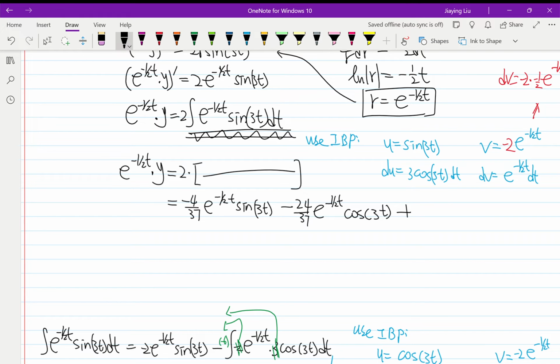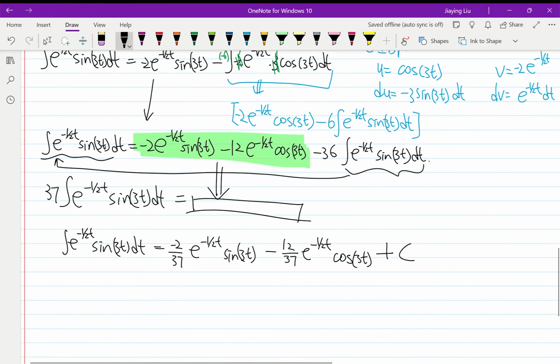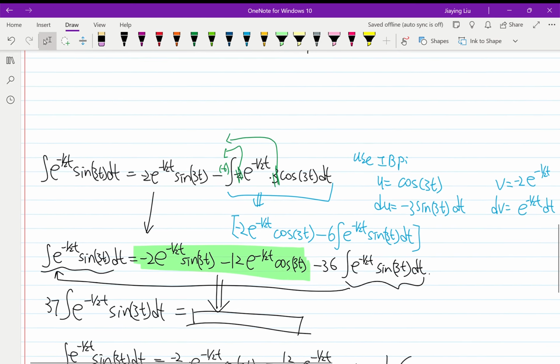But you don't have to write 2 times c, you can just write c1. Call it a new constant. Or you can just use a c, as long as you know that this c is different from the c we had below in the integral.